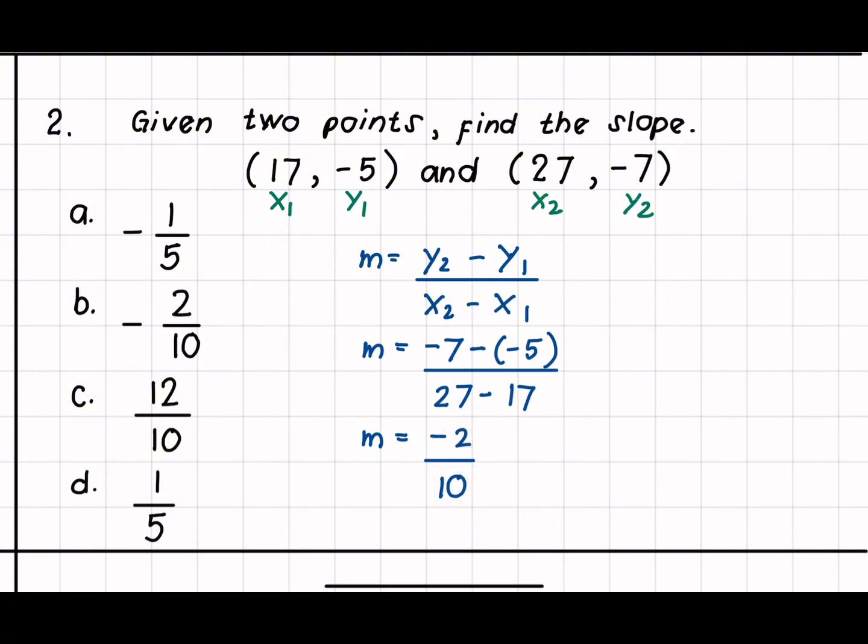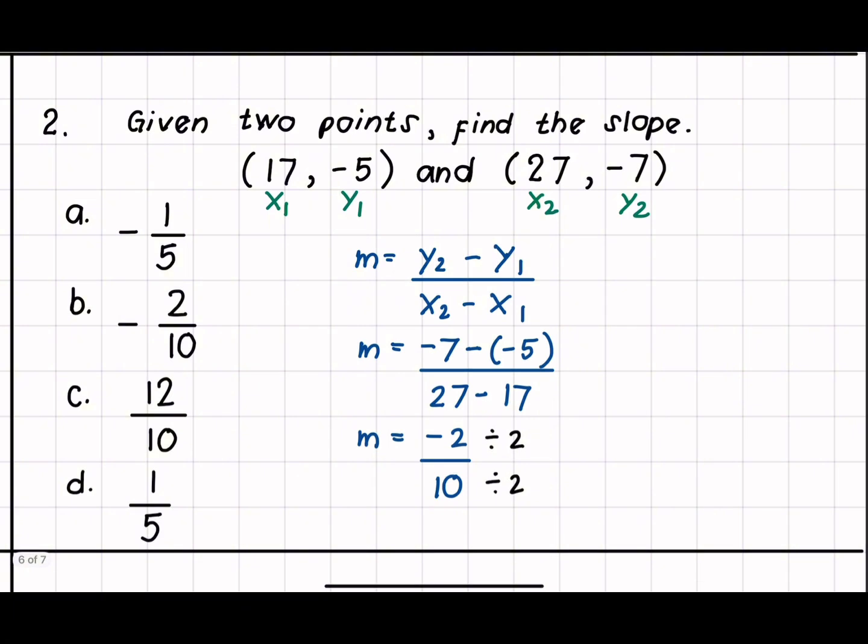Their greatest common factor is 2. So we can divide both the numerator and the denominator by 2. So negative 2 divided by 2 is negative 1 over 10 divided by 2 is 5. So the correct answer is negative 1 over 5, which is letter A.